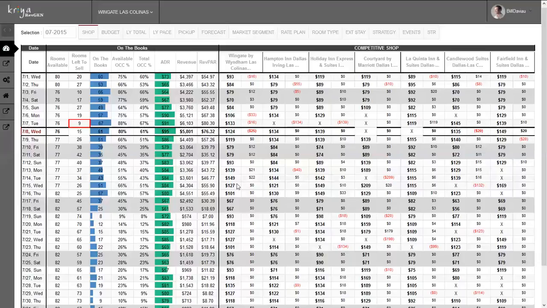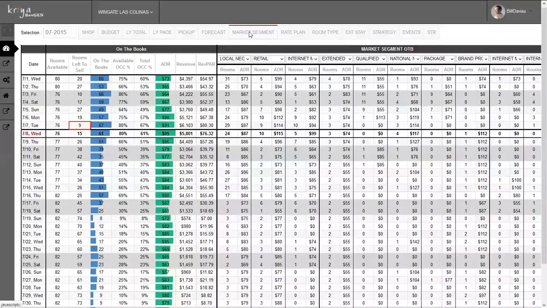So the next thing I want to look at is my market mix and see what demand is actually driving my occupancy. It's pretty clear that my top market segment is my local negotiated rates, and that's pretty much what's driving the demand here. We've got 27 Tuesday, 21 on Wednesday, 17 on Thursday. Combined with the group, that's pretty much what's driving the demand.